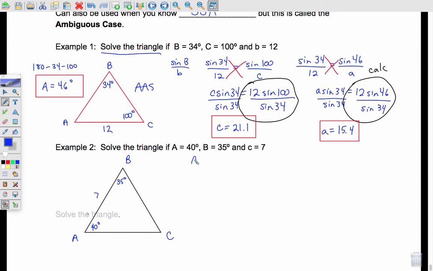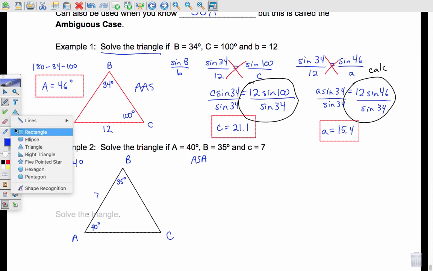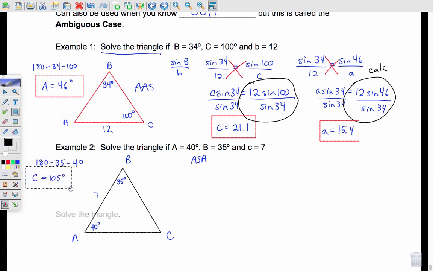So 7 is the side that connects these two, meaning we have angle, side, angle. And we know we can use the law of sines. So the first thing I'm going to do is find angle C. So 180 minus my 2 given angles gives me 105 degrees. So angle C is 105 degrees.